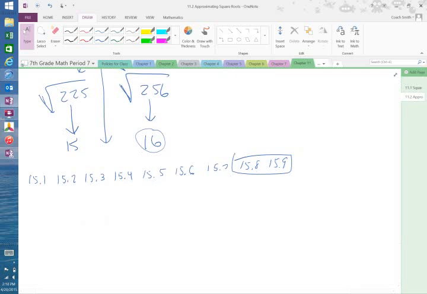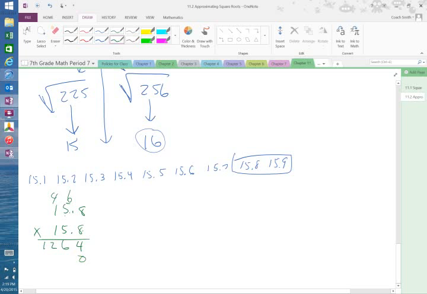15.8, so I'm going to start with it first. I'm going to take 15.8 times 15.8. Okay? 8 times 8 is 64. Carry my 6. 8 times 5 is 40, plus 6 is 46. Carry my 4. 8 times 1 is 8 plus 4 would be 12. Bring down a 0. 5 times 8 is 40.